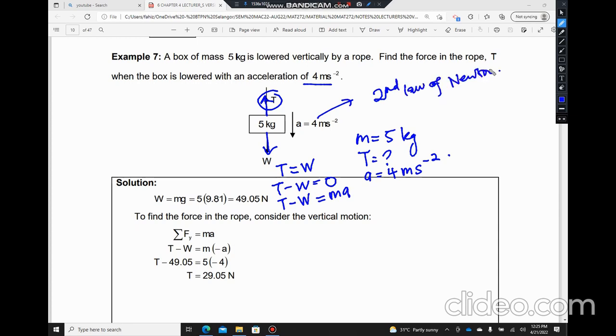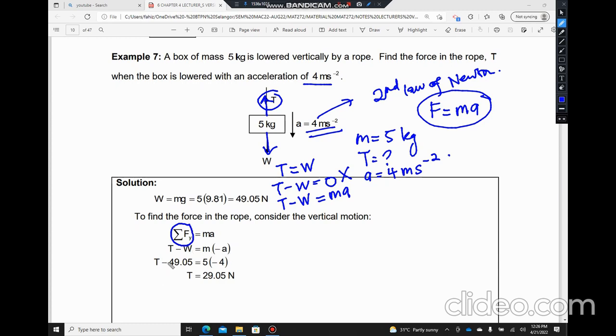So second law, because this one F equals to MA. Dia dah ada acceleration. So kalau tengok kat sini, dia ada acceleration which is A equals to 4 ms negative 2. So kita tak boleh guna yang T minus W equals to 0, but we use T minus W equals to MA. Okay, so this one, jumlah untuk force Fy equals to Ma. So T minus W equals to M negative A.